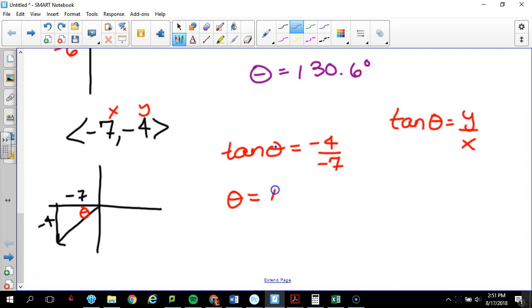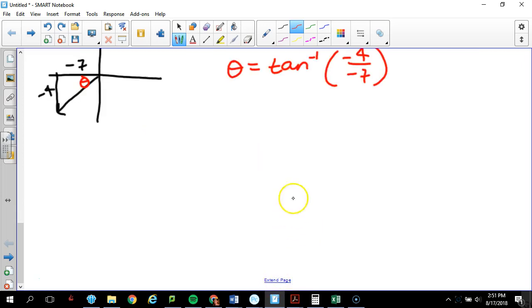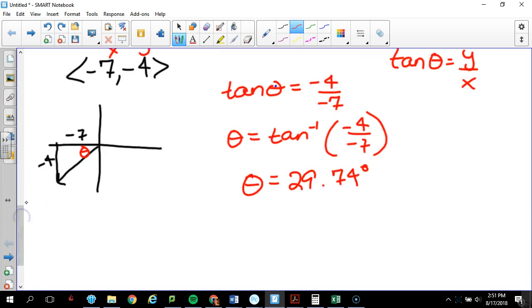So I'm going to go theta equals tangent inverse negative 4 over negative 7. I'm going to put that in my calculator. Do you have to keep the negatives? No, I just do for consistency. That's going to end up getting me 29.74 degrees. So what I found was this. But what I need is this whole thing.